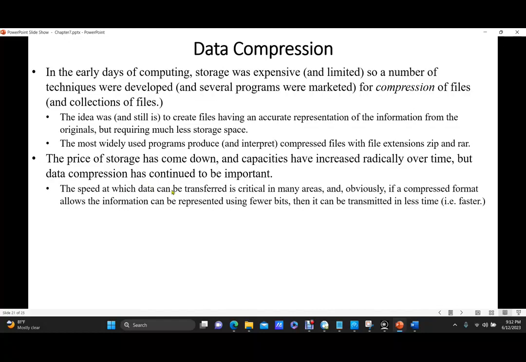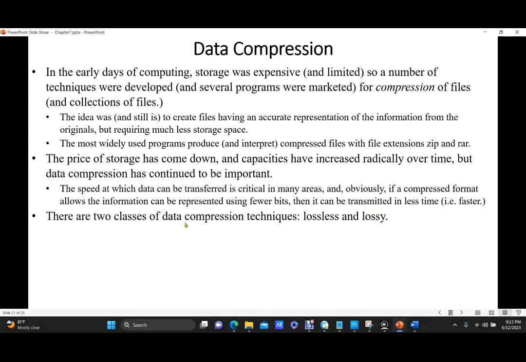Data communication is becoming more and more important, and the speed at which data can be transferred is critical. Obviously, if you can compress the data using fewer bits than one would normally use, then the result can be transmitted in less time. It can be transmitted faster.